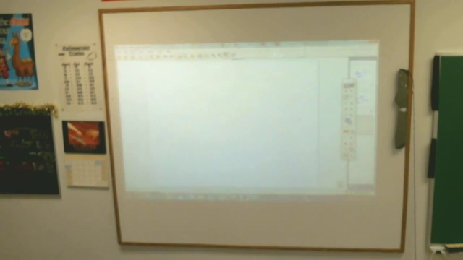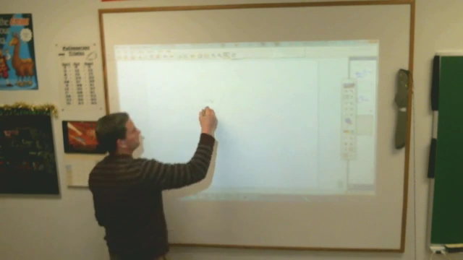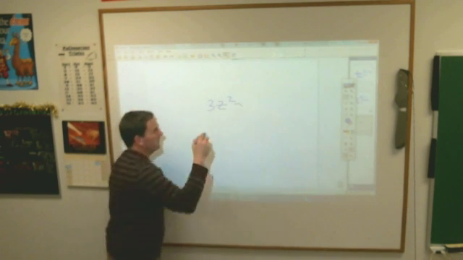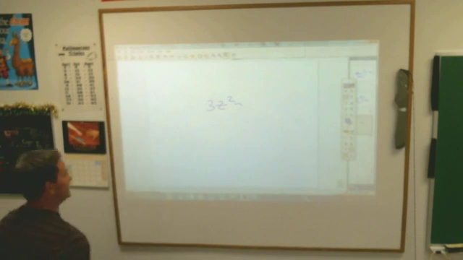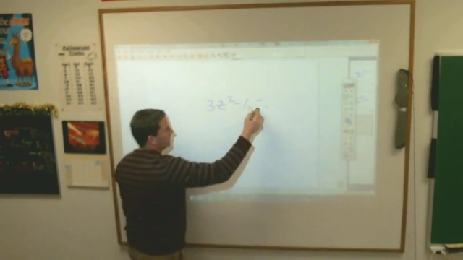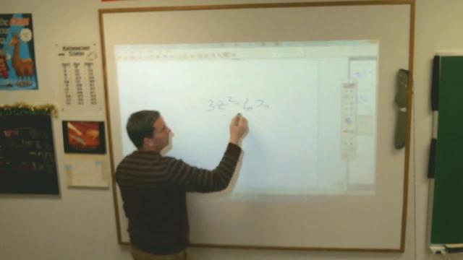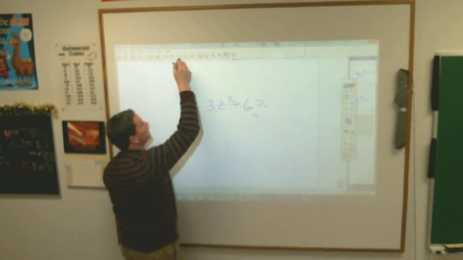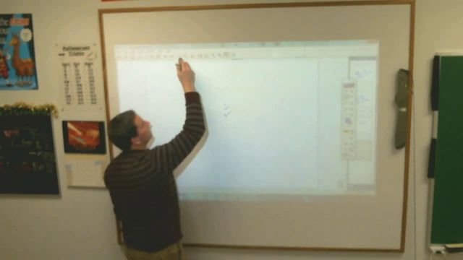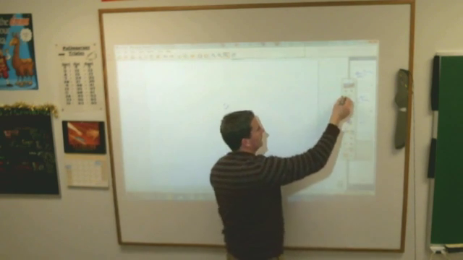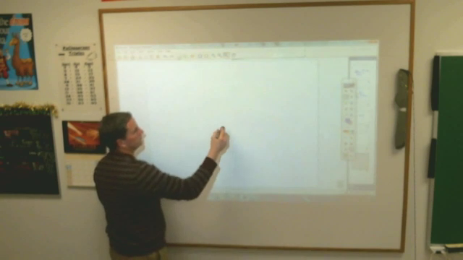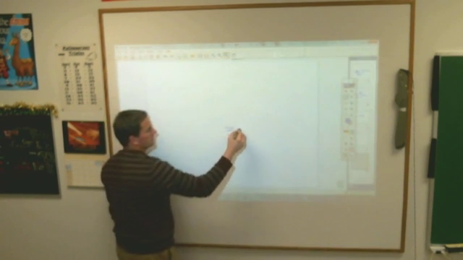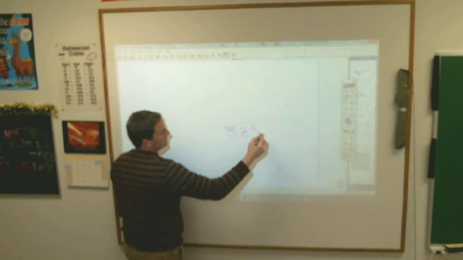Now, letter F. 3z squared minus 6z over 5z minus 10.